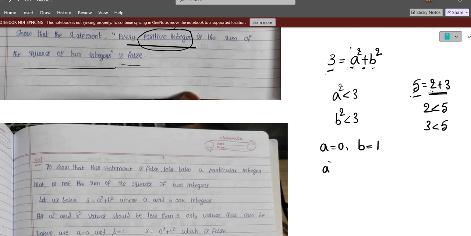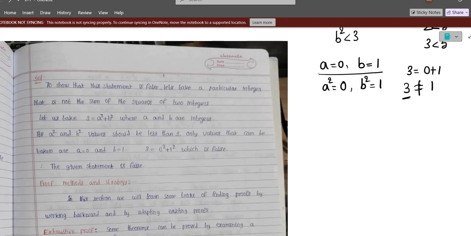So a square equals 0 square, which is 0, and b square is 1 square, which is 1. Substitute these values here: 3 equal to 0 plus 1. RHS value is 1, LHS value is 3. That means 3 is not equal to 1. When we take a equal to 0, b equal to 1, this is not true. This is called a counter example.